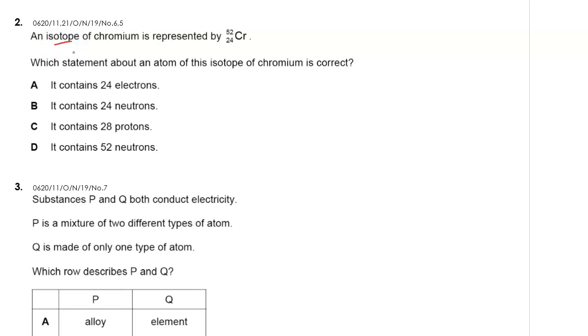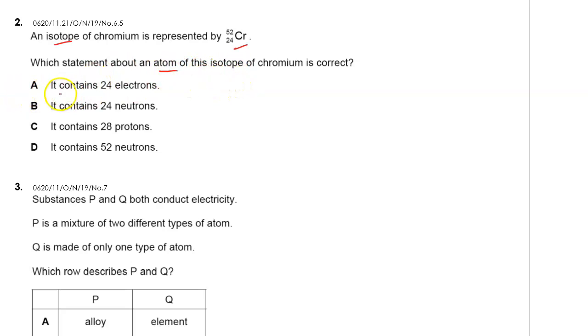An isotope is atoms of the same element with the same number of protons but different neutron number. You're told the isotope of chromium is this one here. Which statement about an atom of this isotope of chromium is correct?